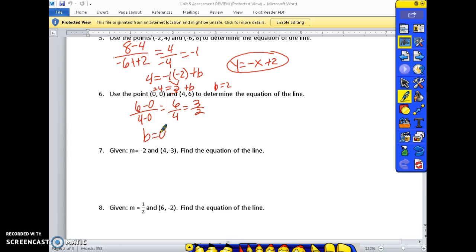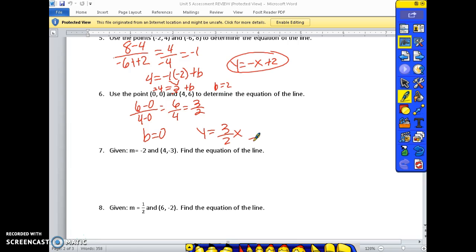Because your b is your y-intercept, where the graph crosses the y-axis, and x is 0. So my equation is going to be y equals 3 halves x. Since it crosses through the origin, I don't add anything to it, because adding 0 to something is just going to leave you with your original number.